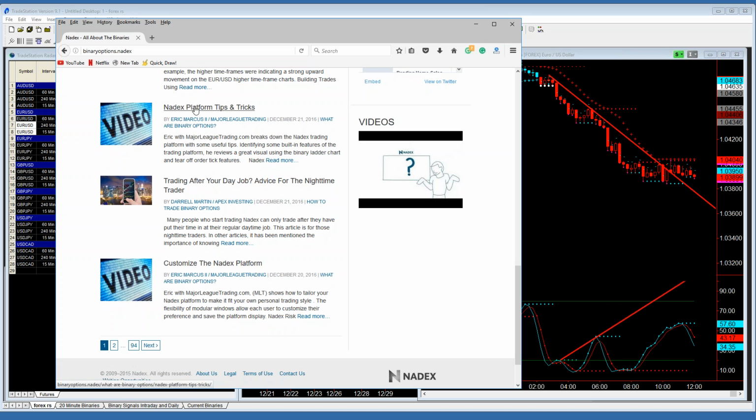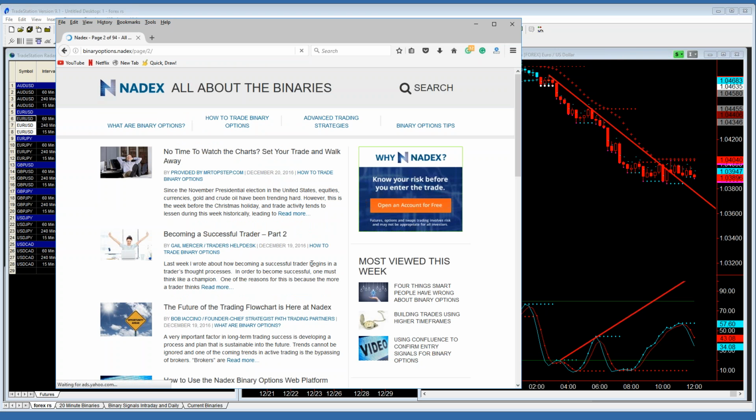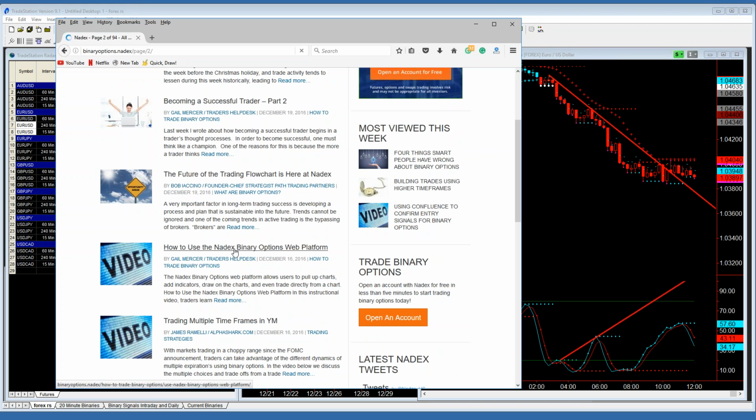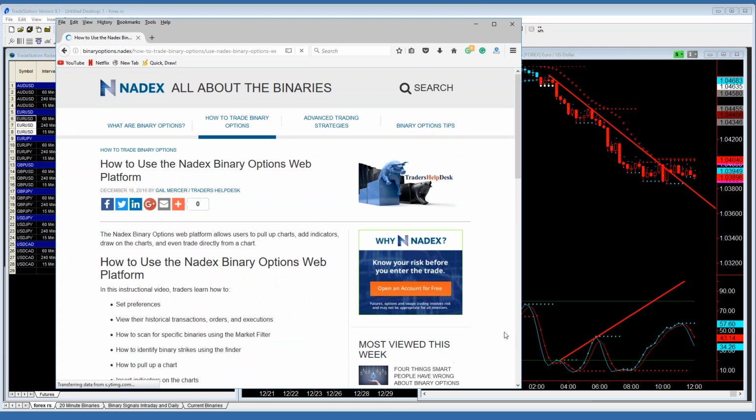See, there's two here on customizing and tips and tricks, and then how to use the Nadex binary options is on page 2. And it's about a 20-minute video, but I show you how to draw the lines, add the indicators, change your time frames, save the layout. You know, there's a lot you can actually do with Nadex.